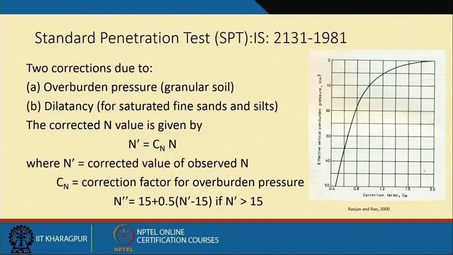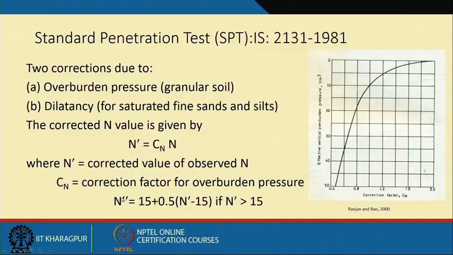Now, this N dash is the corrected N value after applying the overburden pressure correction. If N dash is greater than 15, then we will go for the second correction. If the N dash is not greater than 15, then we will not go for the second correction. So, what is the second correction?